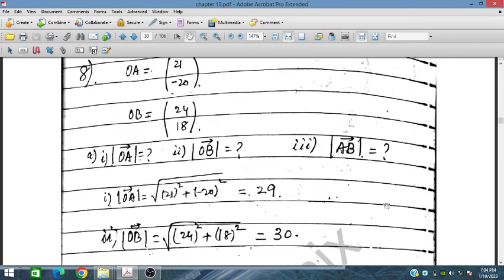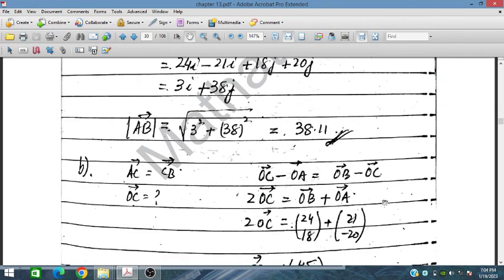So this was the first part, and in part B we have to find AC and CB. C is the midpoint between A and B. So AC is basically OC minus OA, and CB is OB minus OC. So OC can be shifted here, and OB shifted to this side, so it becomes 2 OC, and OB and OA can be placed on the other side.